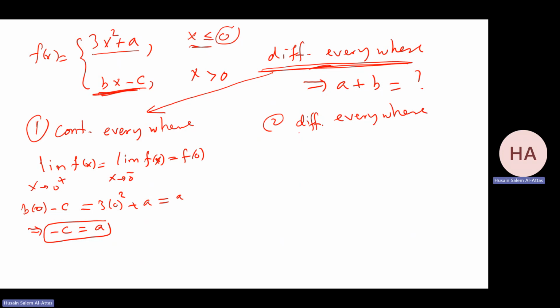Now, to check differentiability, you need to check the limit. You need to check f prime from left at 0, and we're sure we are concerned about 0, is equal to f prime from right at 0. So that means f is differentiable at 0.